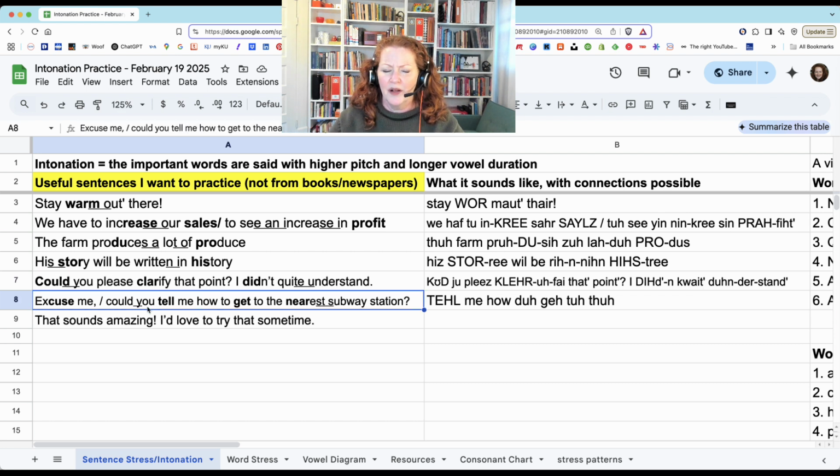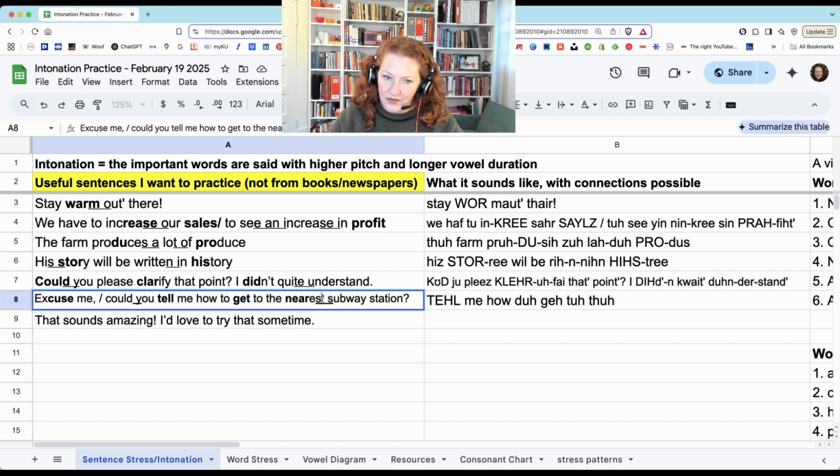Excuse me, could you tell me how to get to the nearest subway station? Excuse me, could you or could ya tell me how to get to the... So I just put this part, how to get to the, here. Tell me. Tell me how to get to the. Tell me how to get to the nearest subway station.